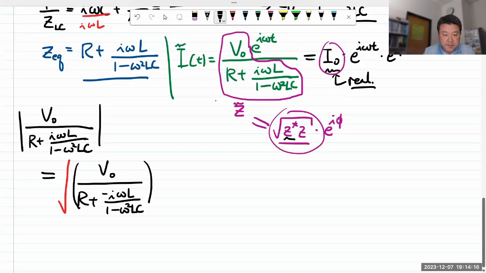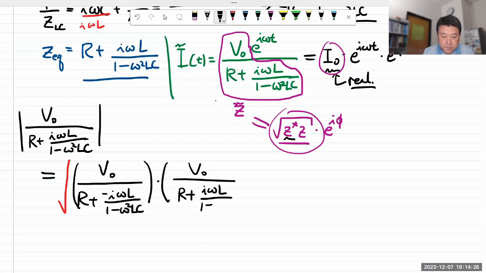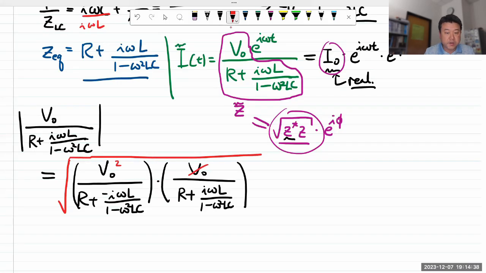That number times the original complex number itself, V naught divided by R plus I omega L over 1 minus omega squared LC. I have a sense this will actually look pretty simple. A lot of the multiplication here is simple. You get V naught times V naught, so that's V naught squared.